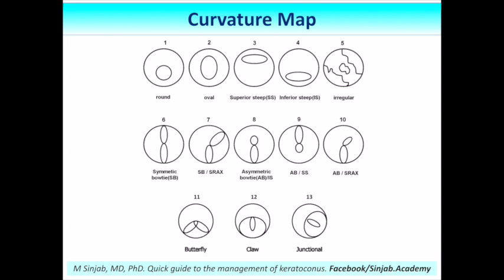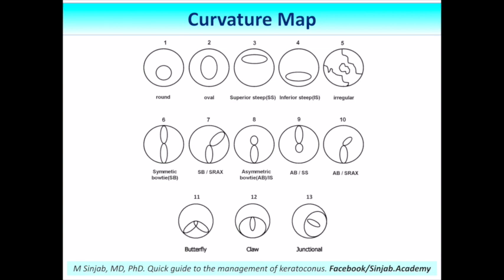Also, we have symmetric bow tie with skewing, or an angulation, between the inferior segment and the superior segment. We call this skewed radial axis index, SRAX. So there is a pattern called symmetric bow tie with SRAX.